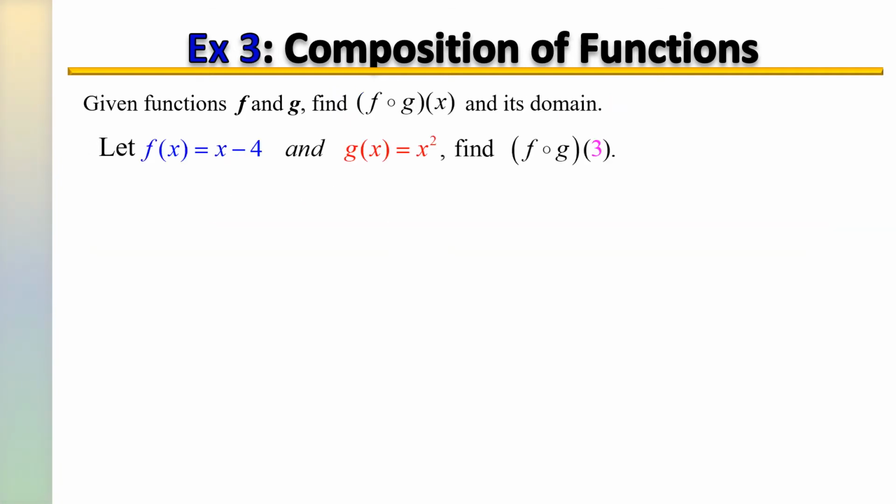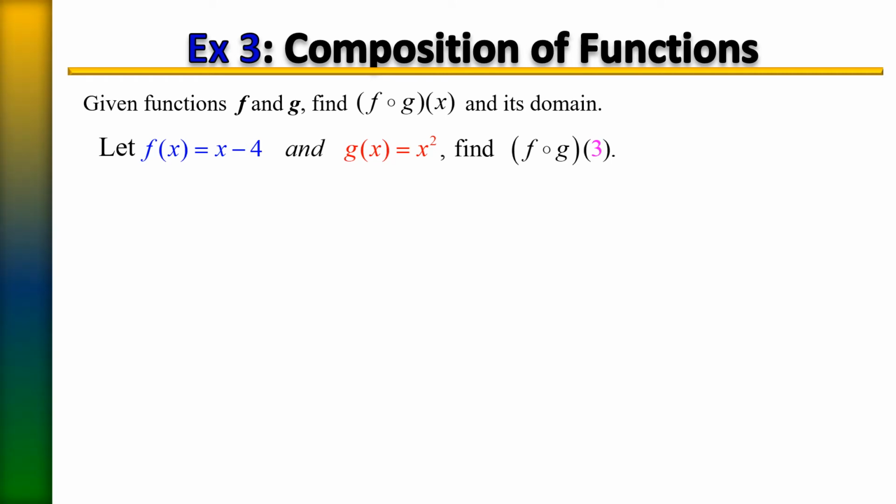In this next example, we're given two functions, the f and g, and we're asked to find f of g of x, which means we're going to take the g of x function and plug it inside the f of x function, and then we're also going to evaluate it for 3.